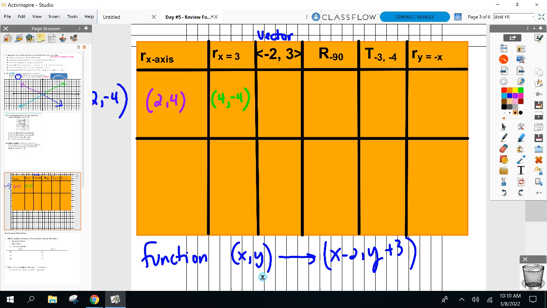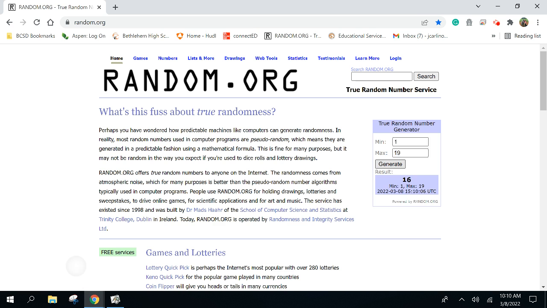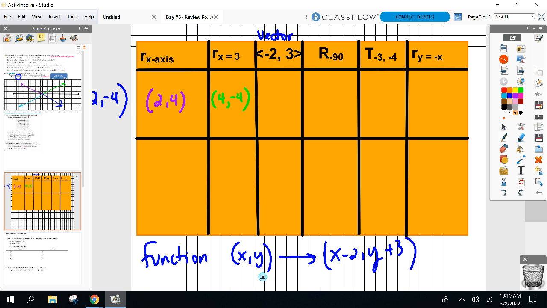All right, we know it's translation. Now give me what direction and distance I'm going. -2, 3. What direction and distance do you want to go? Left 2, up 3. Let me know what it is in a second. So, left 2, up 3. Where am I? Remember, you're going back to the original coordinate there, 2, -4.